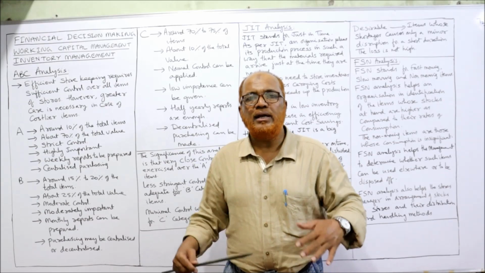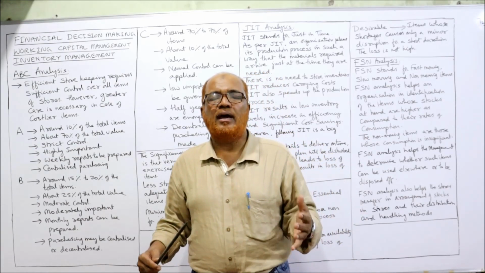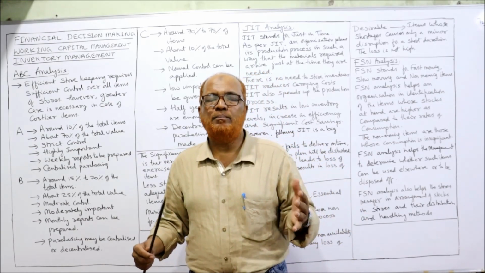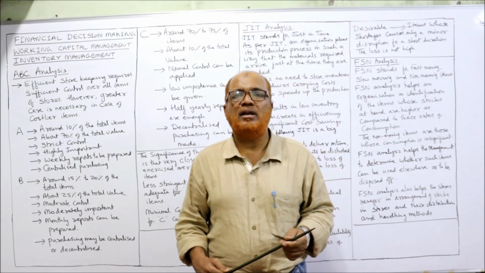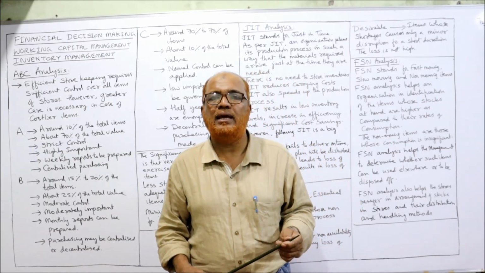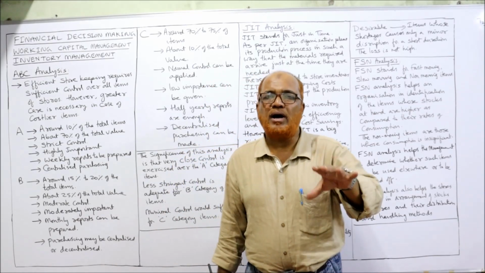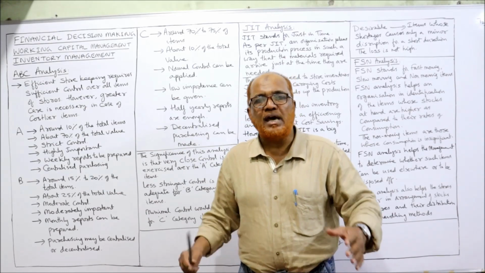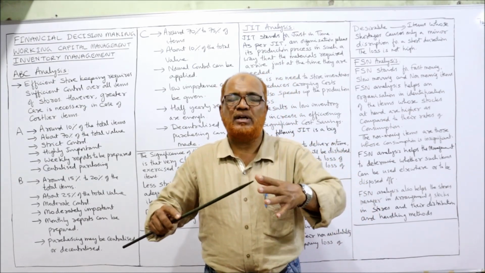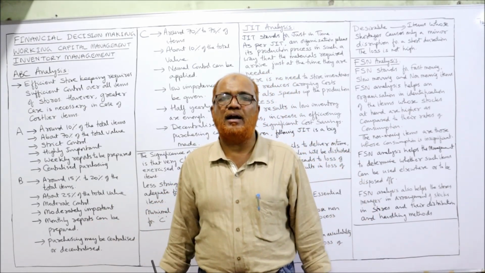But according to experience and practice, many organizations have seen that all the items of the inventory are not equally important. Some items are more important than some other items. That means according to importance, we can divide the inventory items.